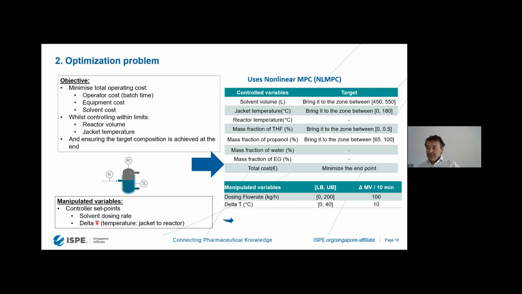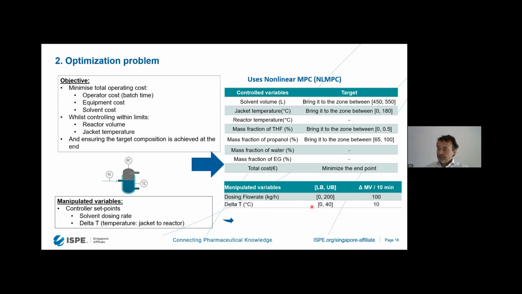So the nonlinear MPC will make sure that all these variables are controlled and stay within certain ranges. We have a cost function that needs to be minimized, and we have the manipulated variables that have to stay between certain ranges, but we also need to make sure that the model doesn't tell the control system to change flow rates very, very quickly.